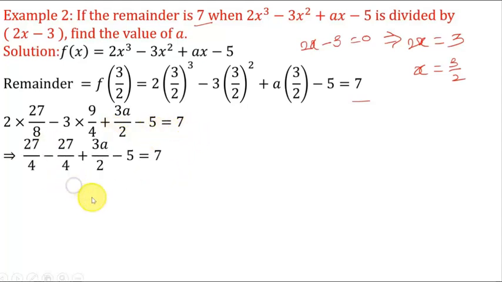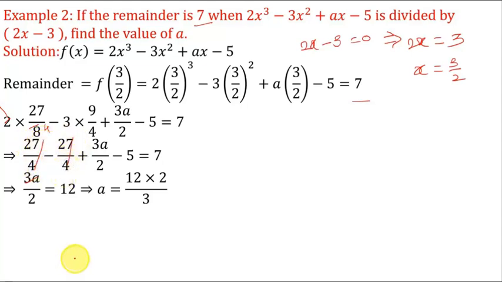Next simplification, here 2 1s are 1, 2 4s are 8. Therefore, you will have simplification 1 and here is a 4. Therefore, 27 upon 4 here. Next, 3 into 9, 27 upon 4. Next is 3a upon 2 minus 5 is equal to 7. Next simplification, that is 3a upon 2 is equal to, now here is the simplification, 27 upon 4 plus and minus, these two get cancelled.